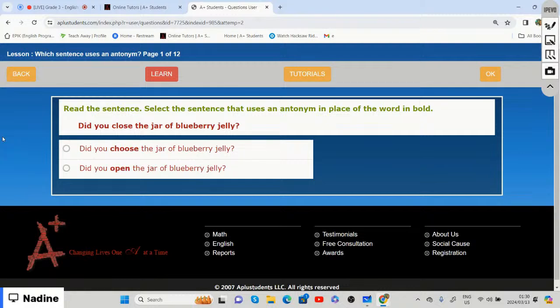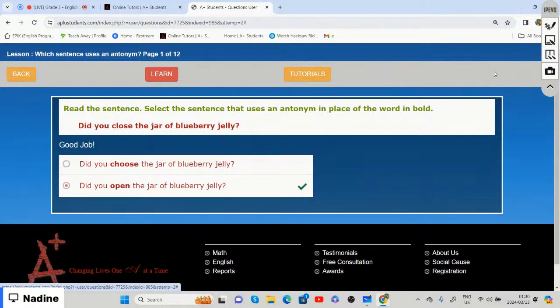All right, so did you open the jar of blueberry? So open is correct. Well done.